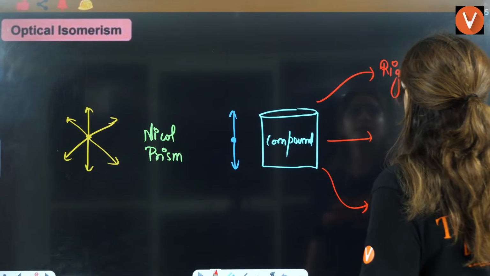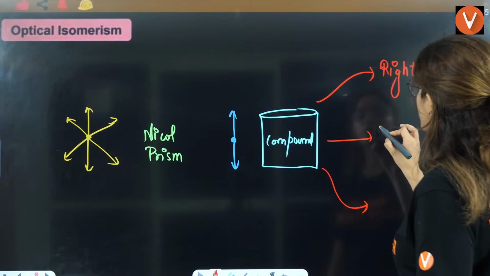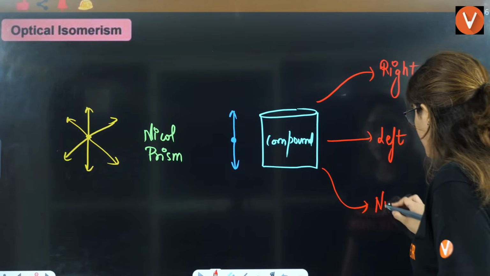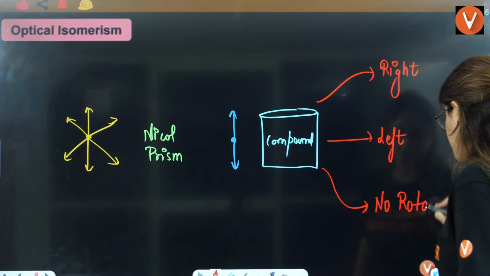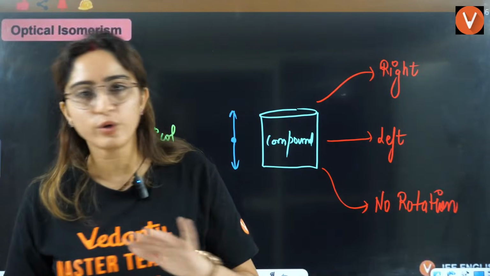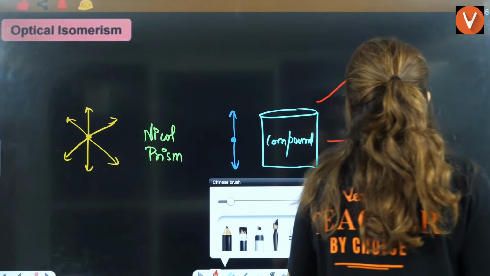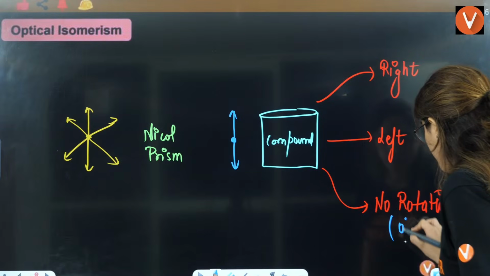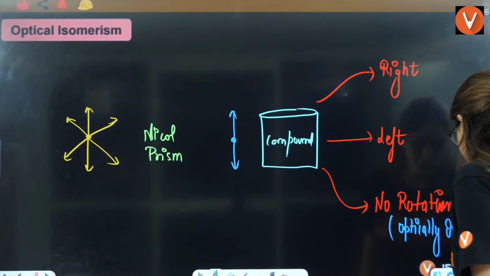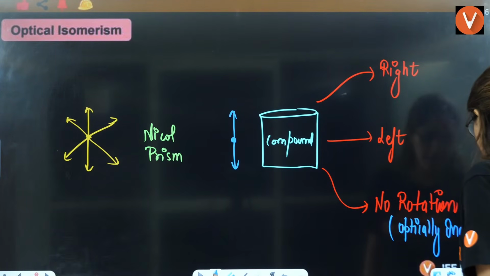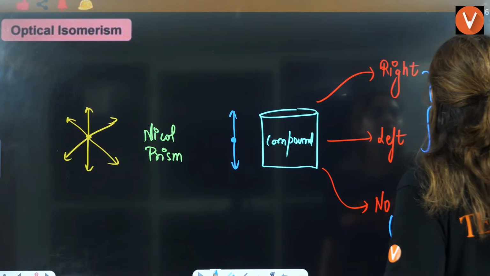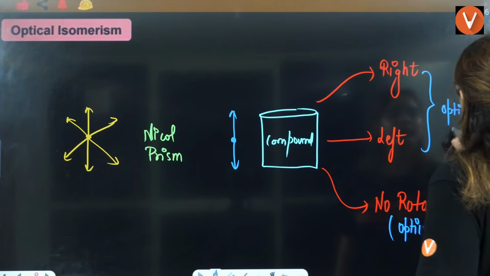Second possibility is it will rotate towards the left side. Third possibility is there is no rotation. When there is no rotation, that is called optically inactive. And these two are optically active.